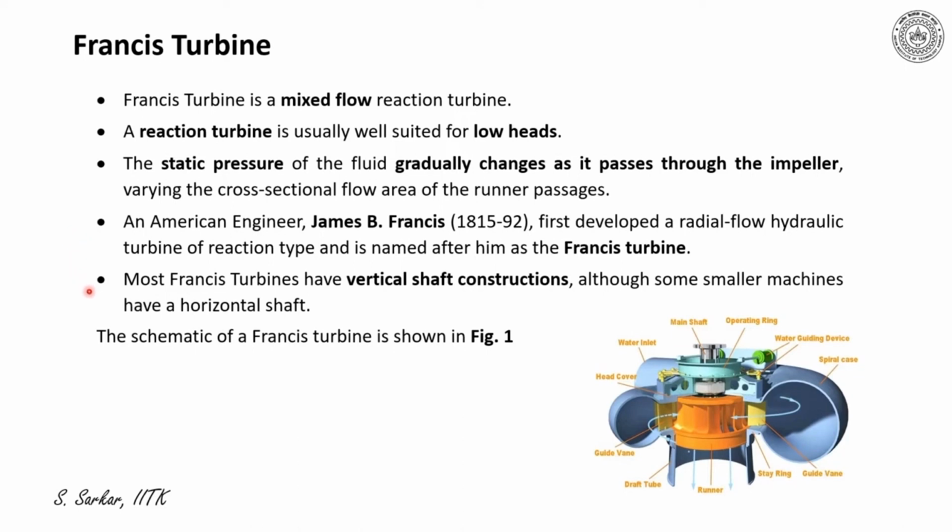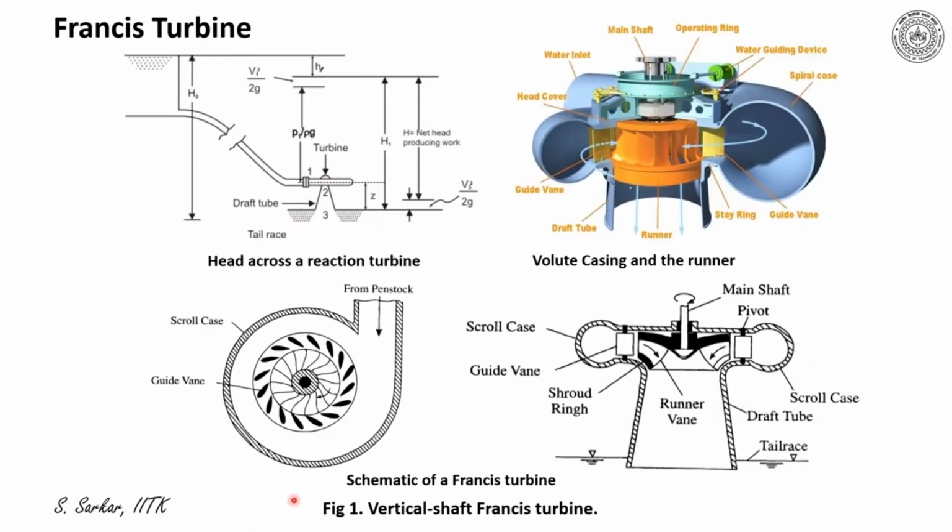Most Francis turbines have vertical shaft cross-sections, although some smaller machines have a horizontal shaft. The schematic of a Francis turbine is indicated in figure 1 in the next slides. Figure 1 illustrates a vertical shaft Francis turbine in different views and figures to illustrate the different features.